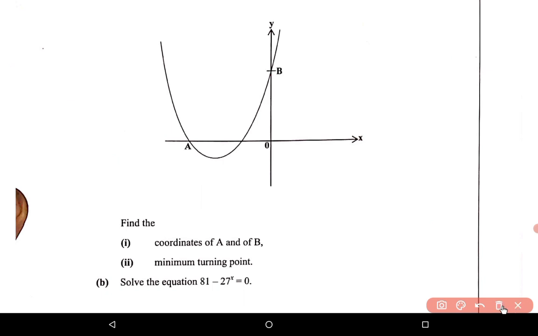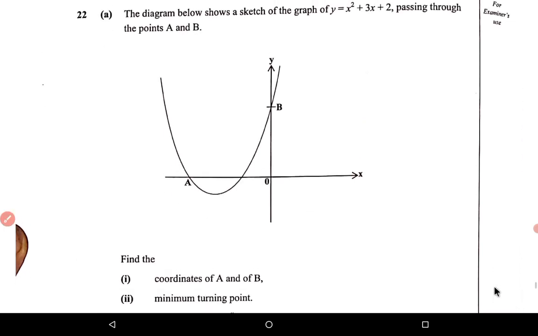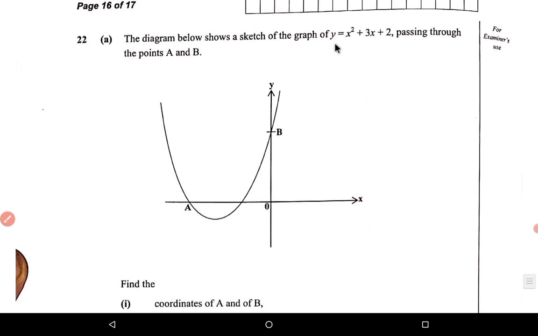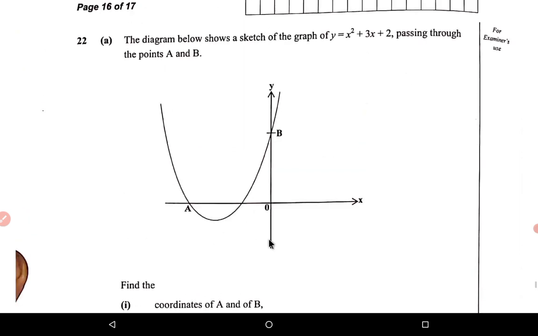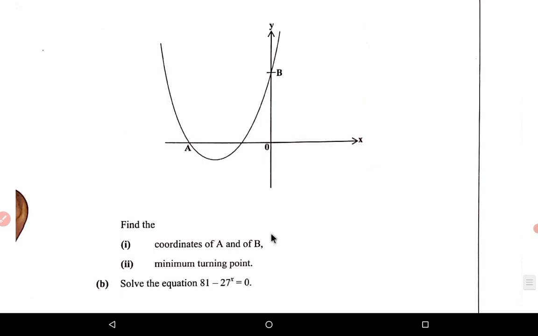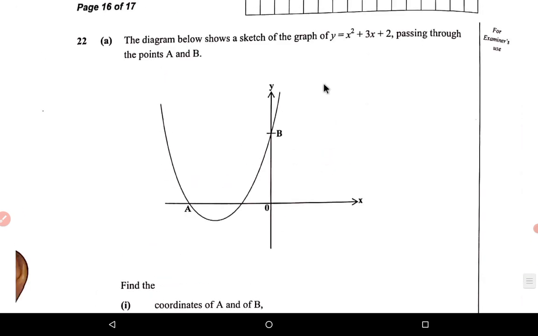So for the minimum turning point, this is what we are going to do. The equation is y is equal to x squared plus 3x plus 2. So here we are going to find the minimum turning point. To find it, we are going to write the equation.